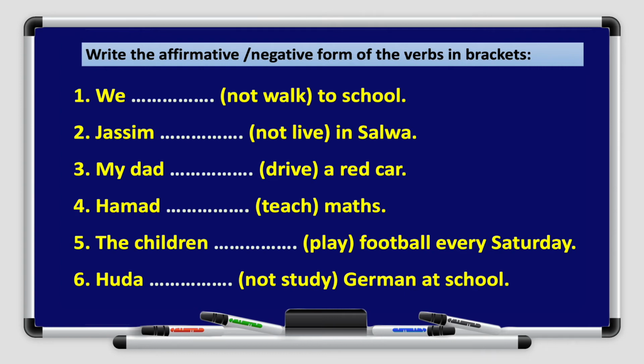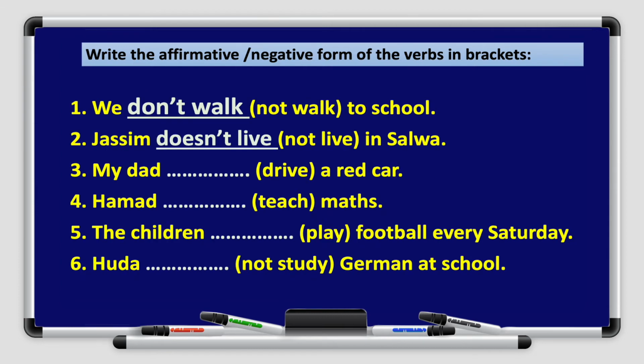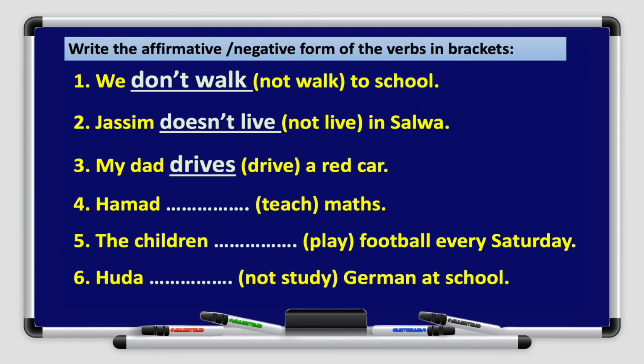Number 1, we don't walk to school. Here we use don't because the subject is we. Number 2, Jassim doesn't live in Salwa. We use doesn't because it is the negative and the subject is Jassim. My dad drives a red car.